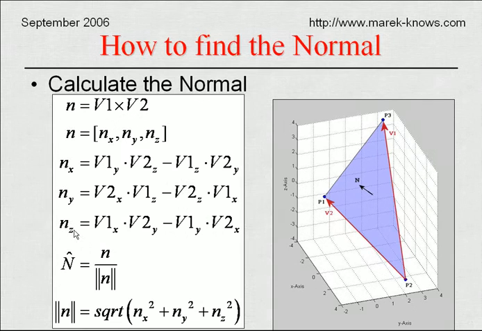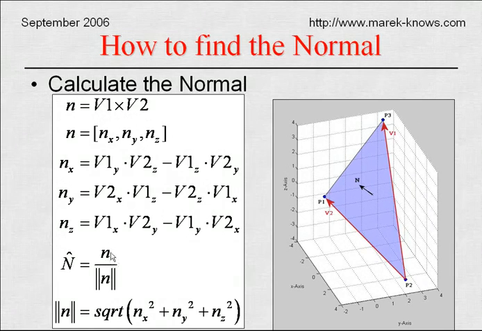The last component of the normal is equal to v1x times v2y minus v1y times v2x. This formula here for the cross product is a well-known mathematical equation. All you really need to know is the pattern that you multiply these 2 vectors together to give you the cross product.